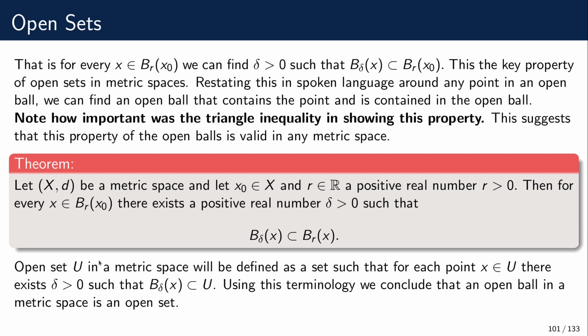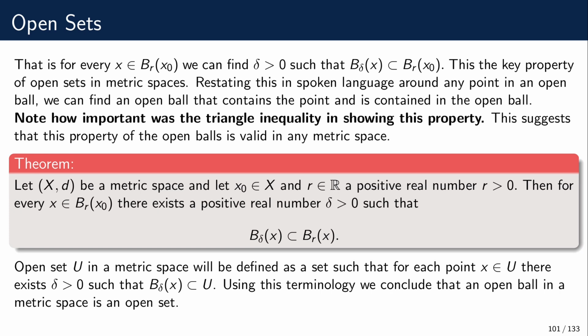So an open set U in a metric space is a set such that for each point x in U we can find a positive delta such that the ball with radius delta around x is entirely contained in U. So for every x there exists a positive delta such that the ball with radius delta is contained in the set. Now if we define open sets in such a way, a set is said to be open if around each point in the set we can find an open ball that is entirely contained in the set.